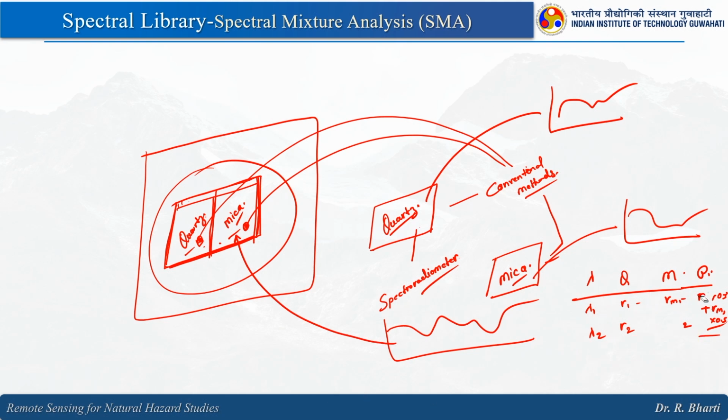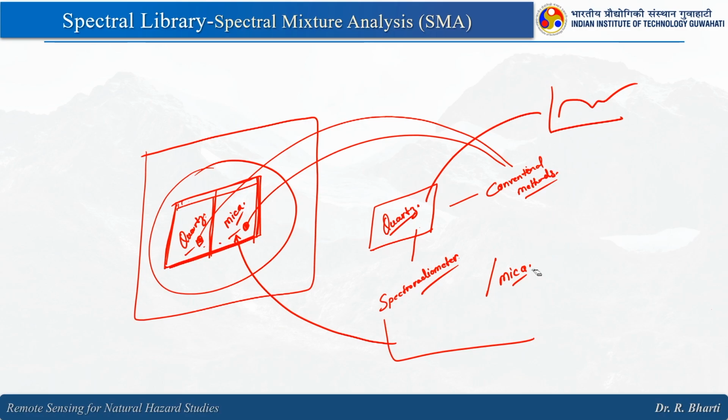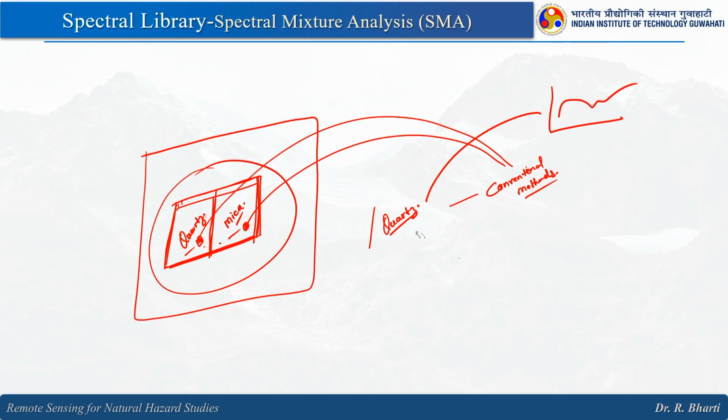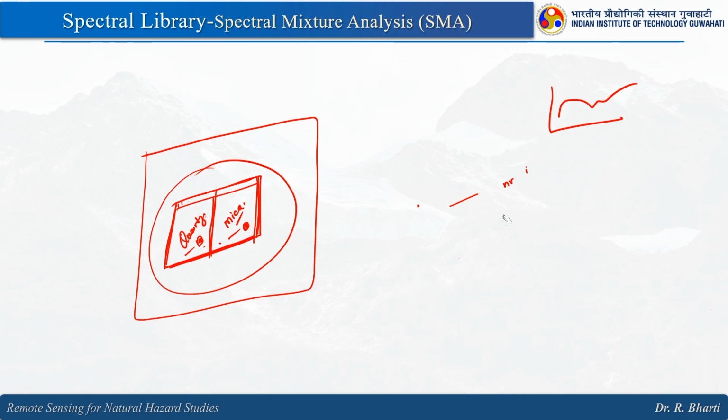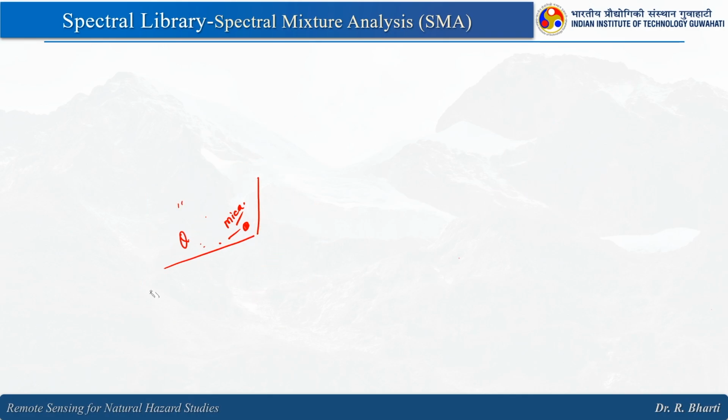So, this kind of analysis we have to do when we talk about the spectral mixture analysis. So, we have almost characterized all type of minerals, rocks which are present, even the soils, all the materials. We have the spectral measurement.